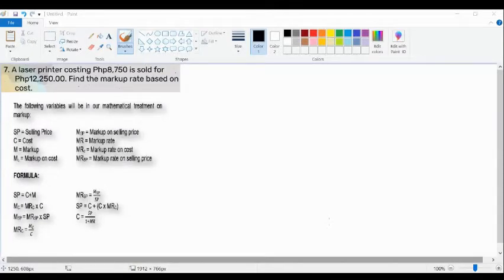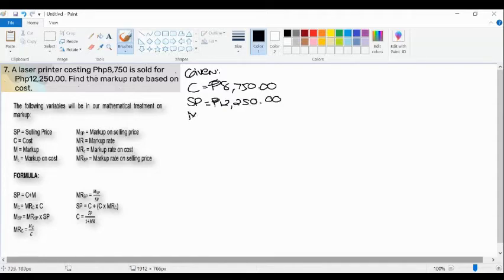Example number 7. A laser printer costing 8,750 pesos is sold for 12,250 pesos. Find the markup rate based on cost. So based on this problem, we have the following given. So we have the cost of the laser printer that is 8,750 pesos. We also have the selling price that is 12,250 pesos.